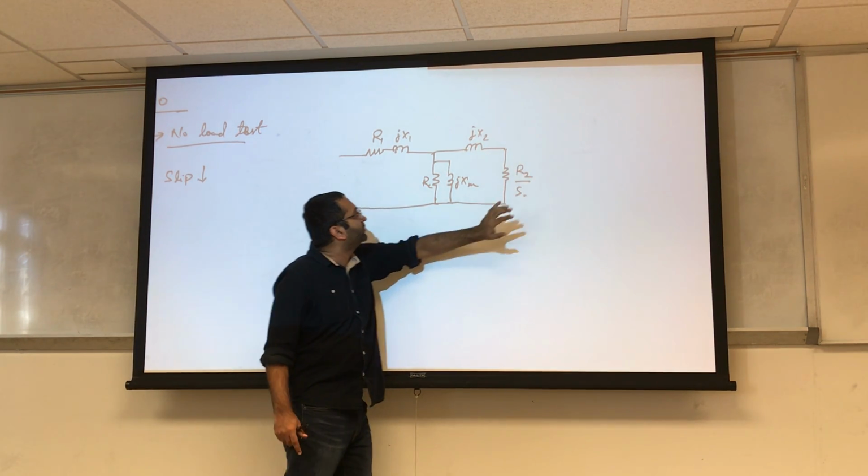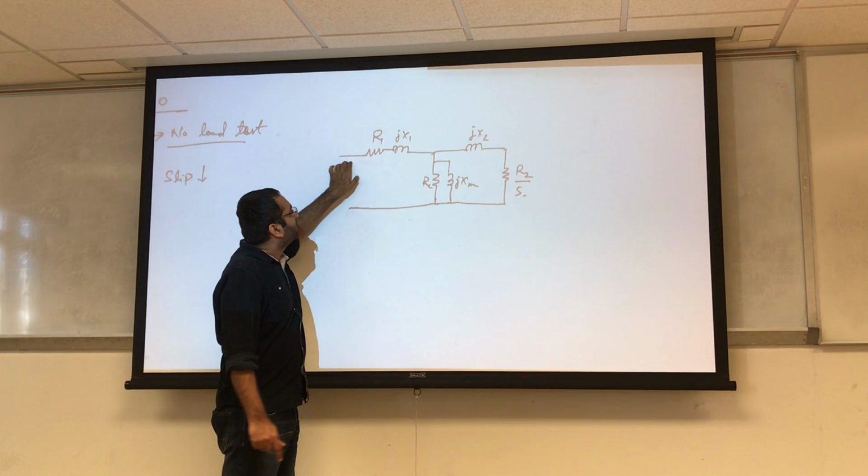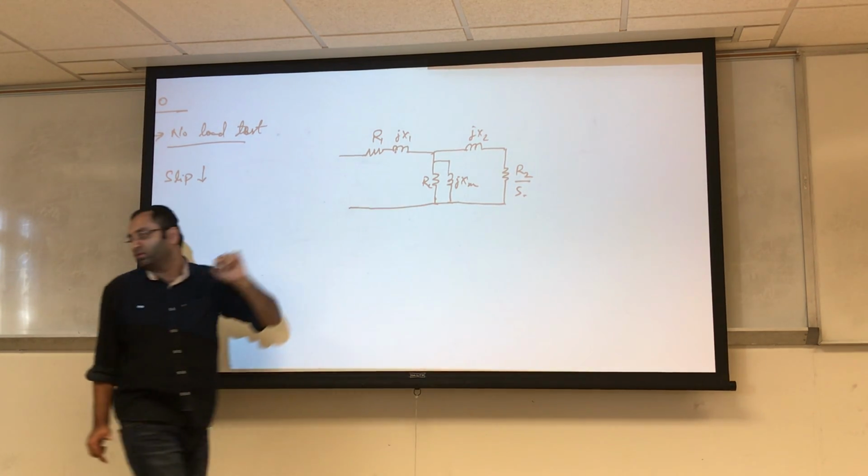When you consider this as open circuit, then we just have current flowing through this and this.